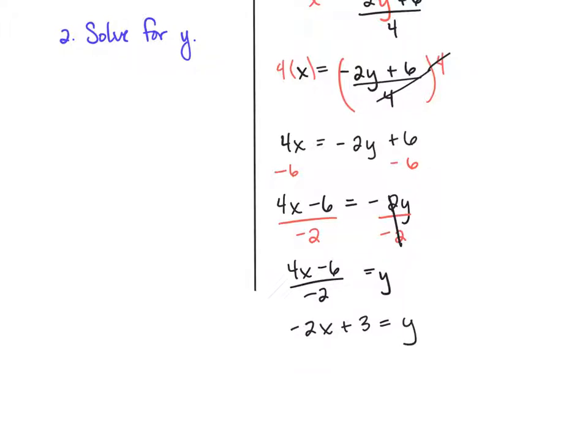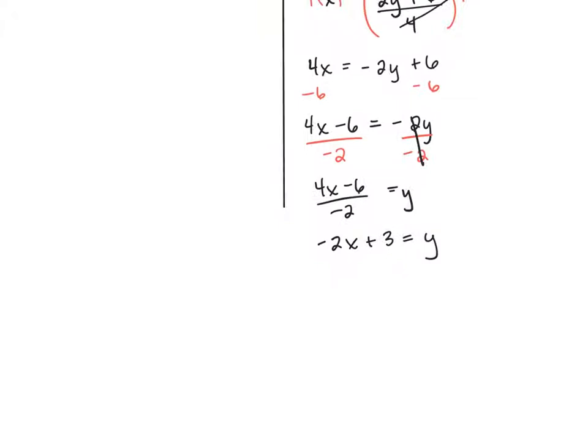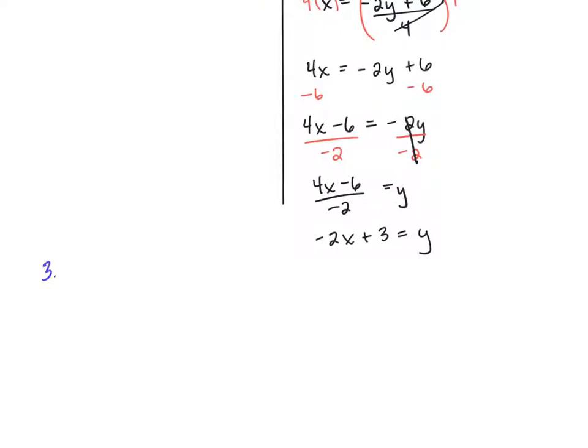The last step that I want to take here in finding the inverse is to write it in inverse notation. And what that's going to be is, instead of y, it's going to be f negative 1 of x.